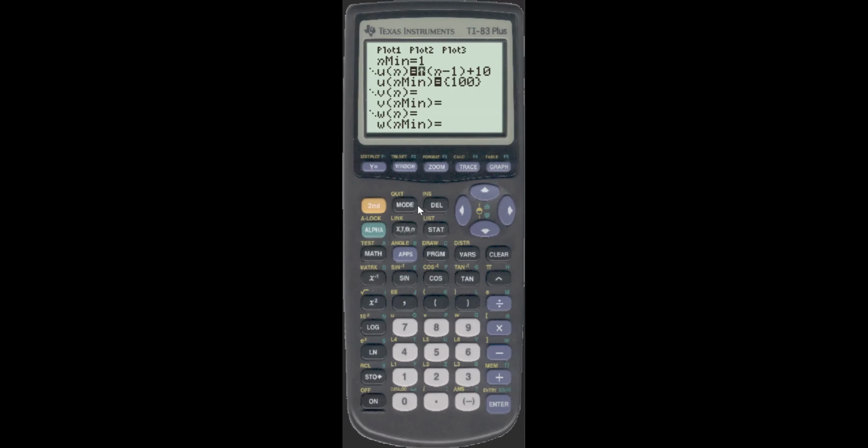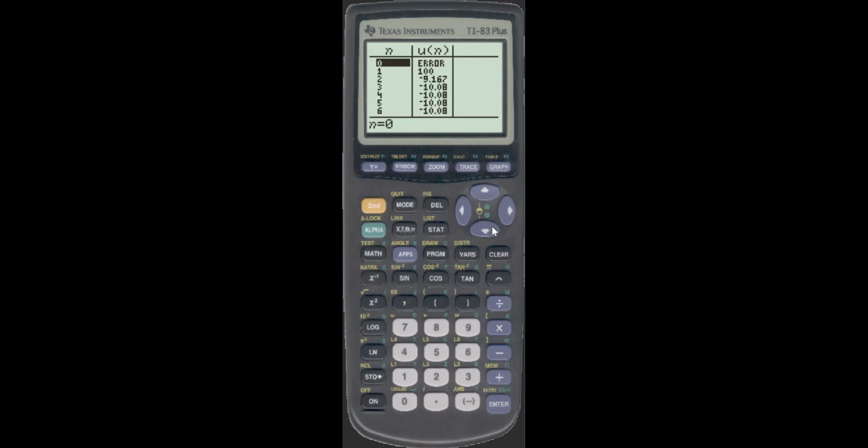So I'll insert maybe 10% interest, and let's divide that by, I don't know, 12. I mean, you probably get the idea here. And then you subtract out the payment each time. So hopefully this works. The next place to go would be the table.